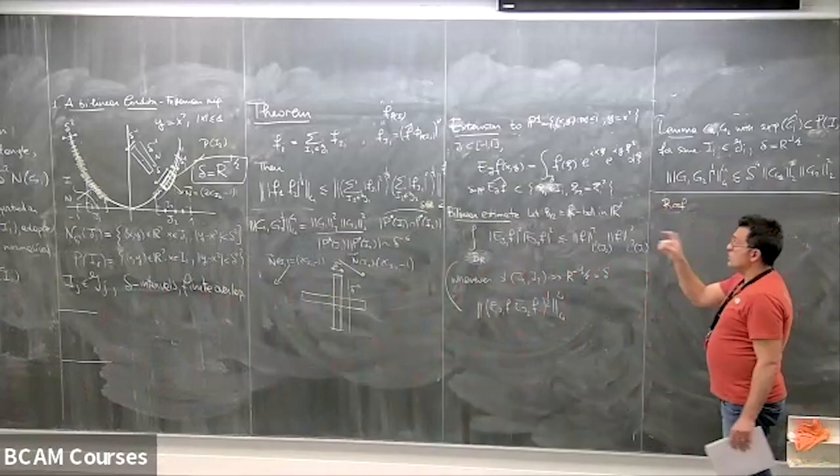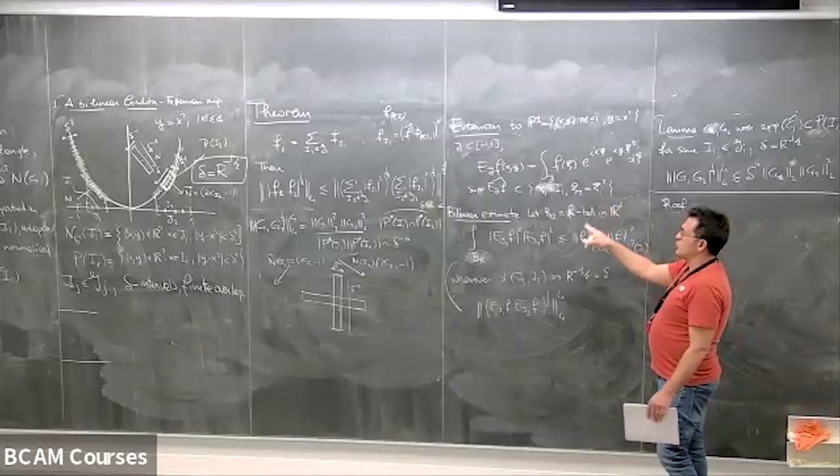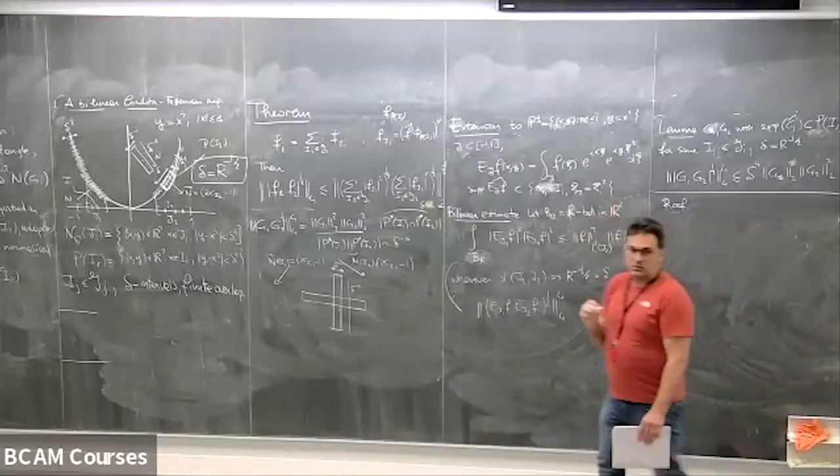Now the extension has the Fourier transform, which is a distribution supported on the paraboloid. Okay.